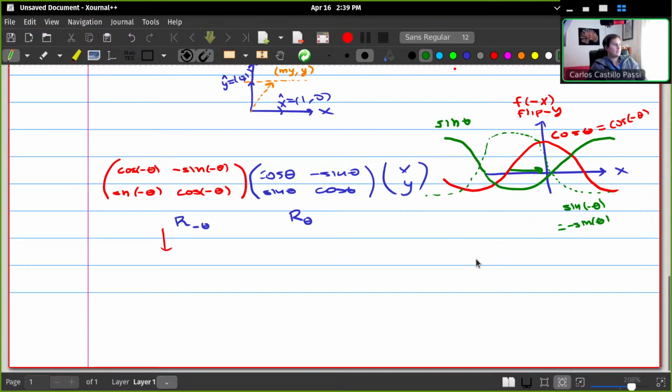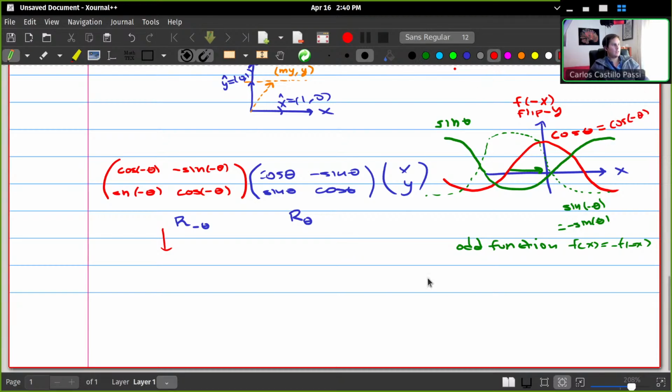That means that the sine has a very special property: when evaluated at minus x, it is equal to minus sine of x. That's the definition of an odd function. Odd functions satisfy that f of x equals minus f of minus x.